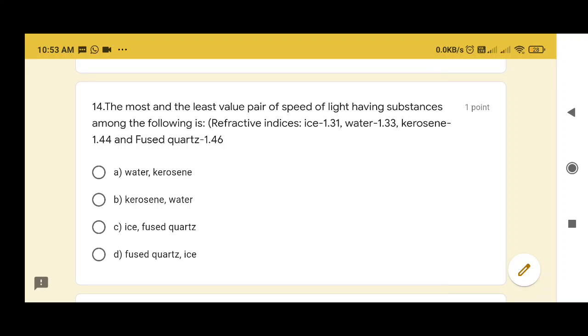That means the refractive index of ice, 1.31, is the least value. It has high speed of light. Fused quartz, refractive index 1.46, has low speed of light. So the answer is D. Sorry, the answer is C: ice and fused quartz.